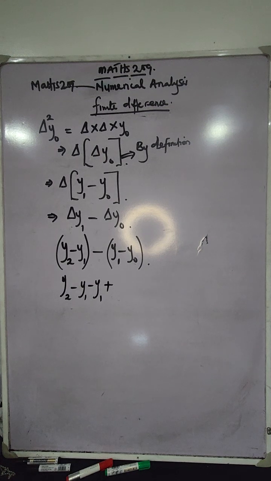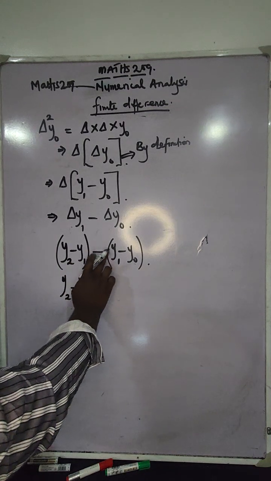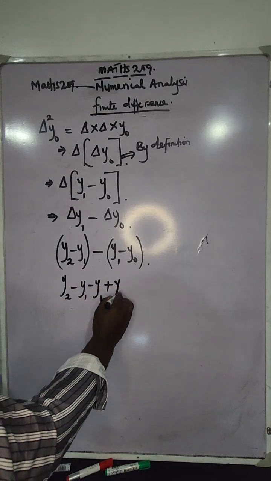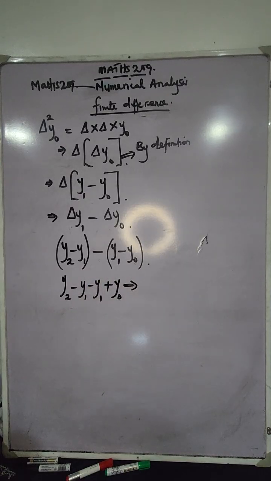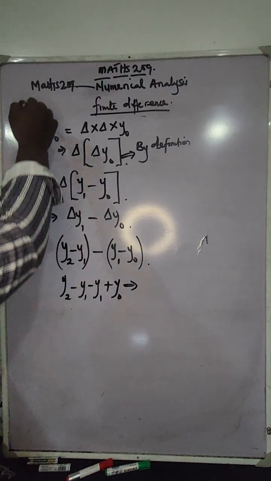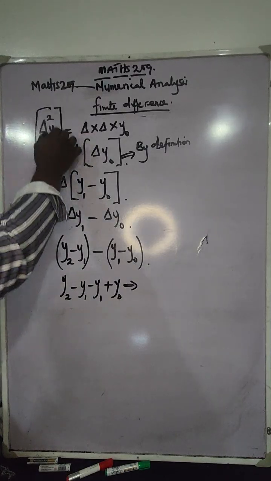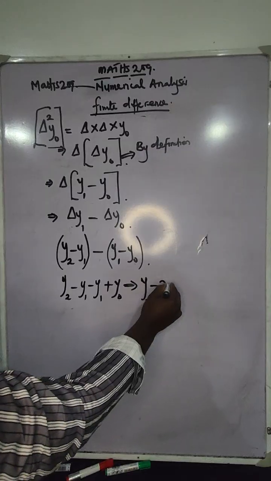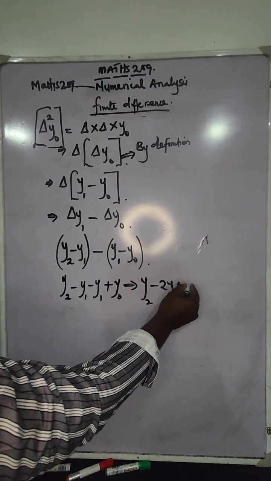It is a plus because when you multiply minus times minus, you're going to have a plus. So we say plus y naught. And so in essence, the forward difference squared of y naught is y2 minus 2y1 plus y naught.